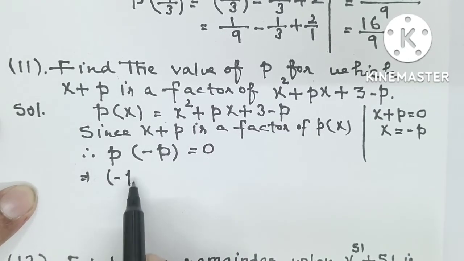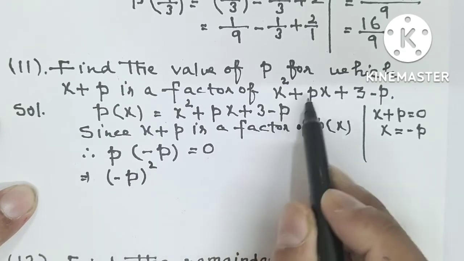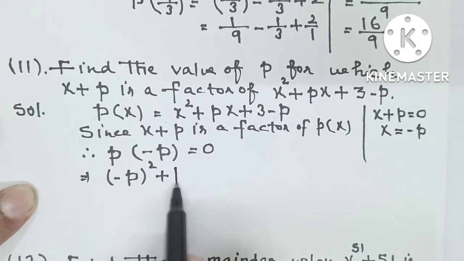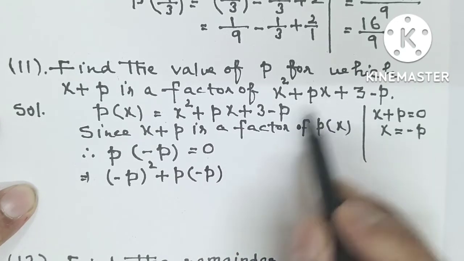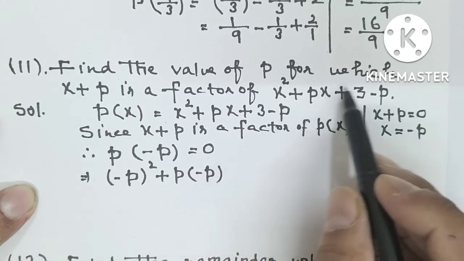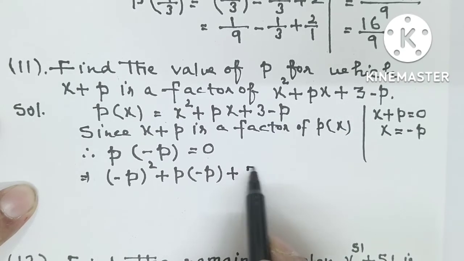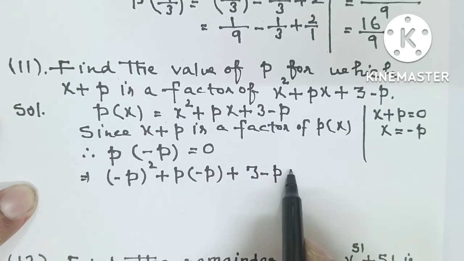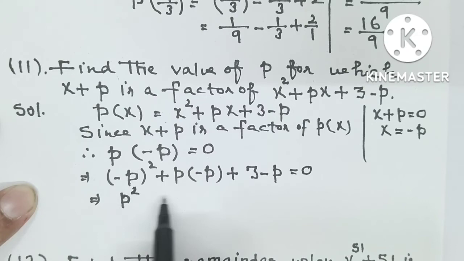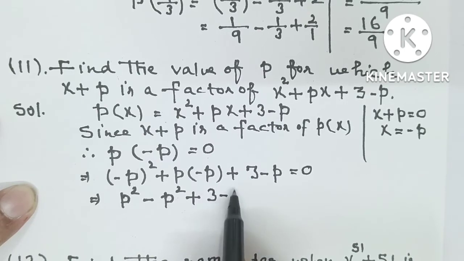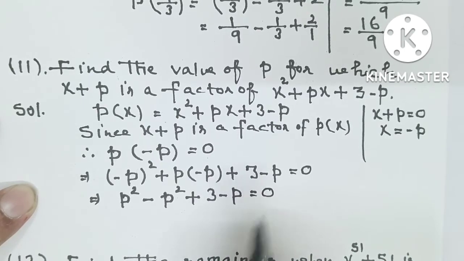X square means minus p square, plus px, so p into minus p, because in place of x we have substituted minus p, plus 3 minus p is equal to 0. So minus to the power even number is p square here, minus p into p is minus p square, plus 3 minus p is equal to 0.